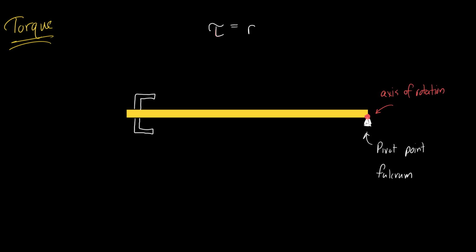R is a measurement of the distance from the fulcrum to the point where the force is applied. So this will represent our value for R. And we call this the torque arm length.